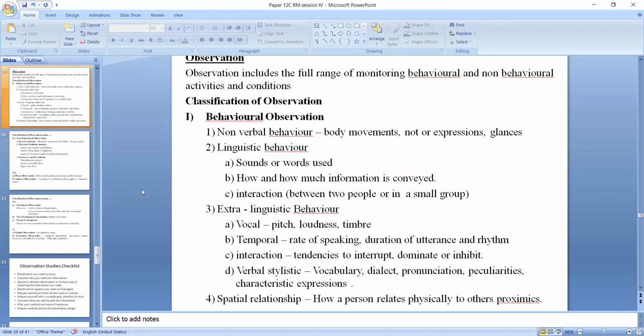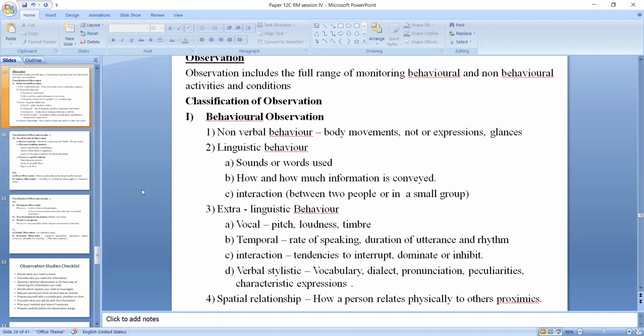On behavior: non-verbal behavior, body movements, expressions, glances; linguistic behavior, words that are used, sounds that are used, how much information, whether they hold back or give, how interaction takes place. Then extra-linguistic behavior regarding the pitch, the loudness and all that. The rate of speaking, duration, n number of things are observed.